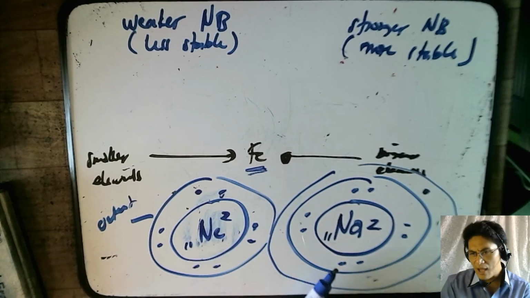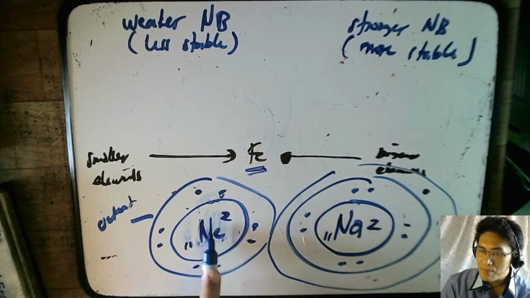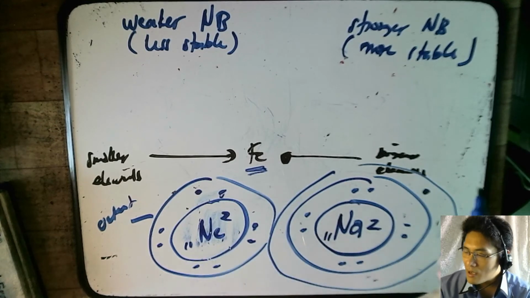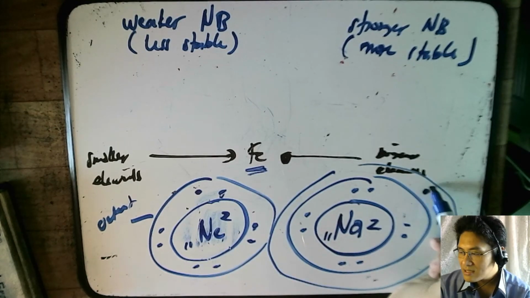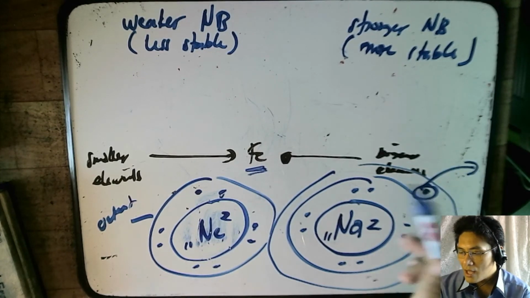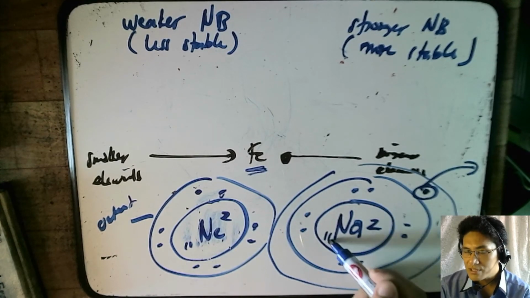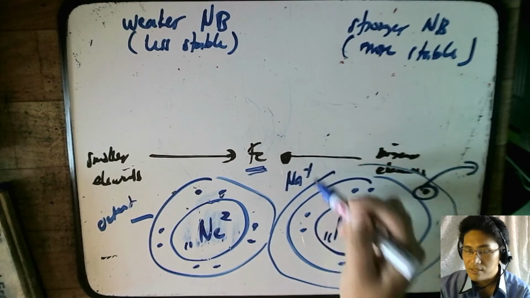And again, what happens to sodium? Sodium wants to achieve stability. Neon is more stable. Noble gas configuration is more stable. That's why it doesn't like this extra electron. It gives it away. So now you only have 10 electrons, but 11 protons. That's why sodium tends to become positive.